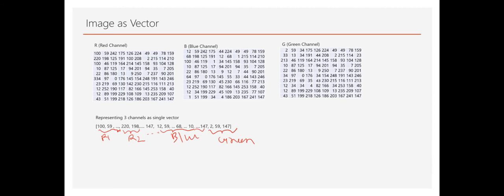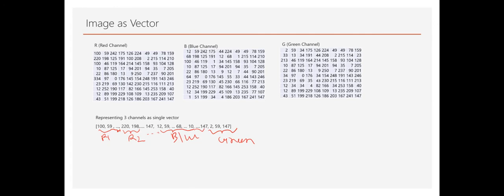So the first thing you need to do to represent an image as a vector is to flatten out all the two-dimensional arrays for each channel into a single dimensional array just by putting the values one after another.